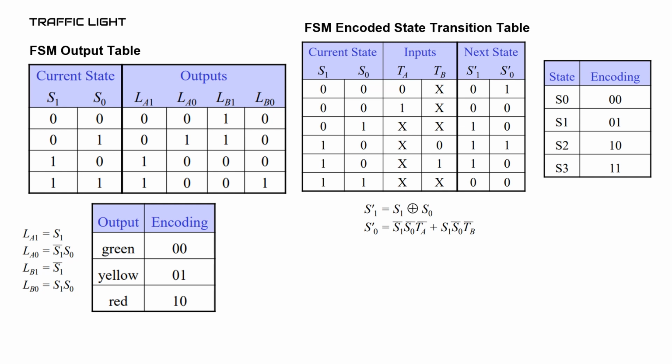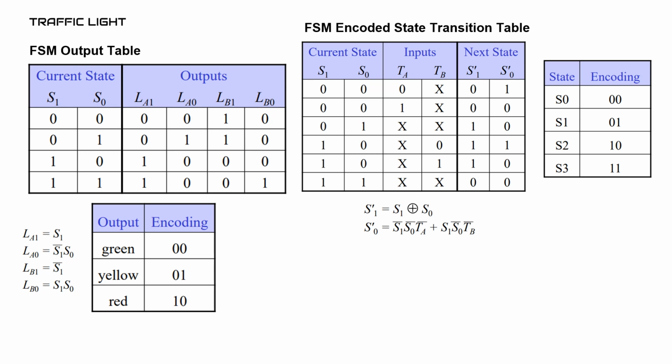In the first row, the current state is 0, 0, that means state 0, and TA is 0, and we don't care about TB. The next state is 0, 1, that means state 1. In the second row, the current state is 0, 0, that means state 0, and TA is 0, and we don't care about TB. The next state is 0, 0, that means state 0.